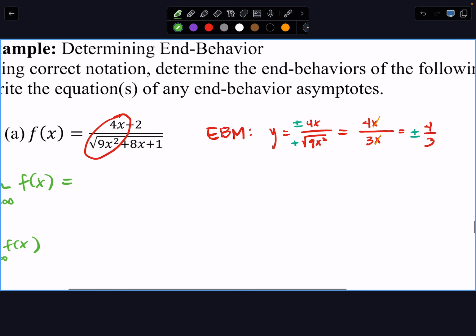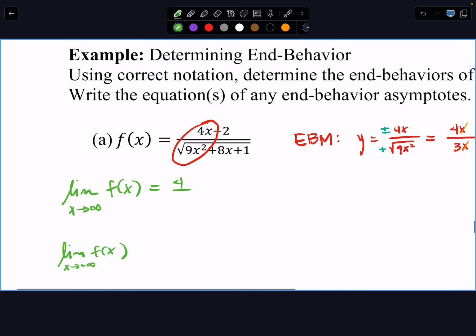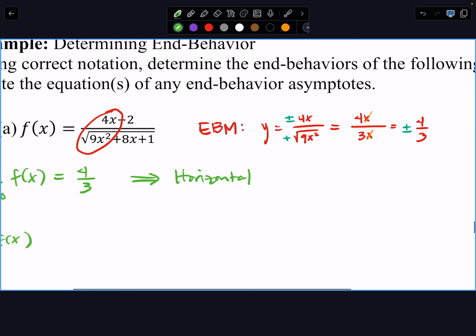So this limit would be positive 4/3, which indicates by definition that there's a horizontal asymptote for f of x that describes its end behavior as x approaches infinity. I started spelling horizontal again. Asymptote. At y equals positive 4/3.